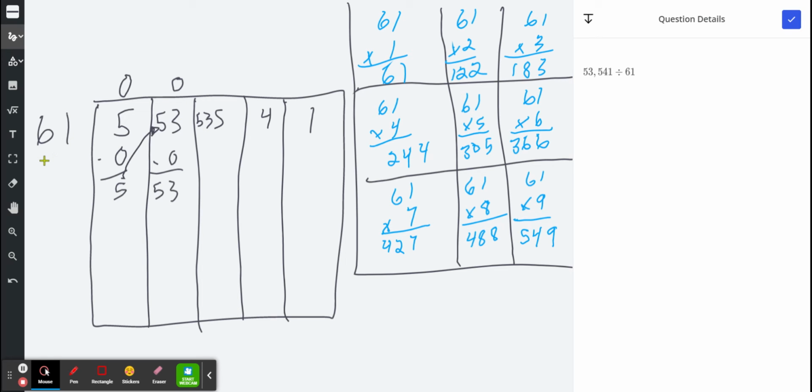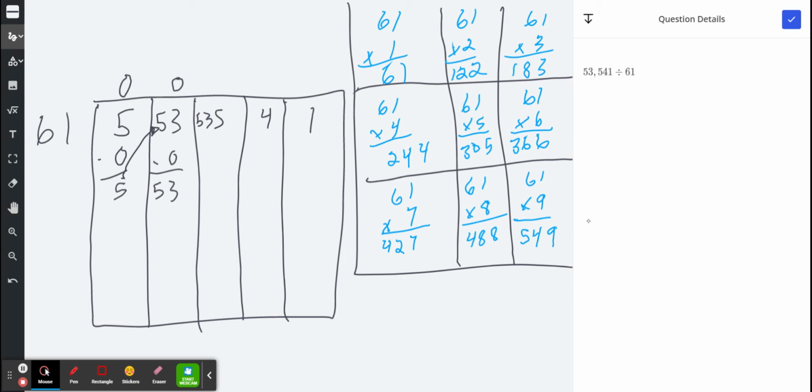Okay, we're trying to see how many times 61 fits into 535. Now, that's a pretty big number. So if we look at our list, we can kind of go towards the end of it, right? So like 61 times 7 is 427. That's pretty close. Let's keep going. 61 times 8 is 488, which is even closer, and we haven't passed it yet. If we go to the next one, 61 times 9, we will go past it.